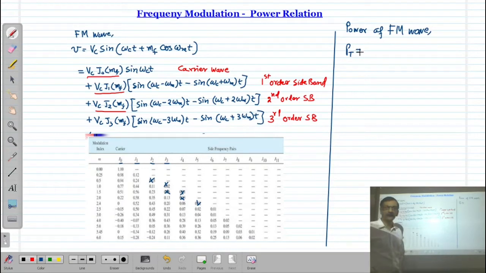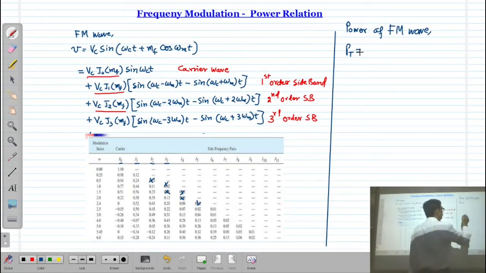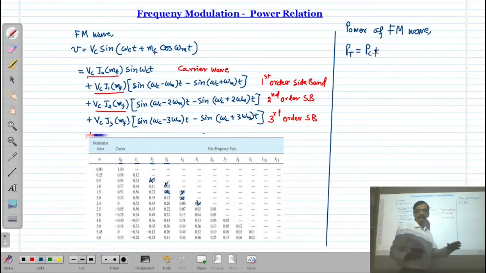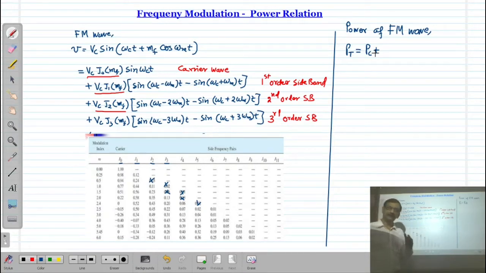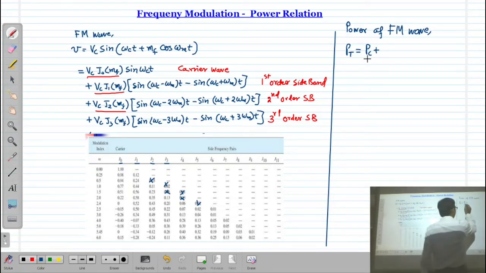And the total power is what? It is a summation of the carrier power plus the power of the lower and upper sidebands, that is, the first order. Then the powers of the lower and upper sidebands are second order. So I can write PC plus 2P1 plus 2P2 plus 2P3 and so on.